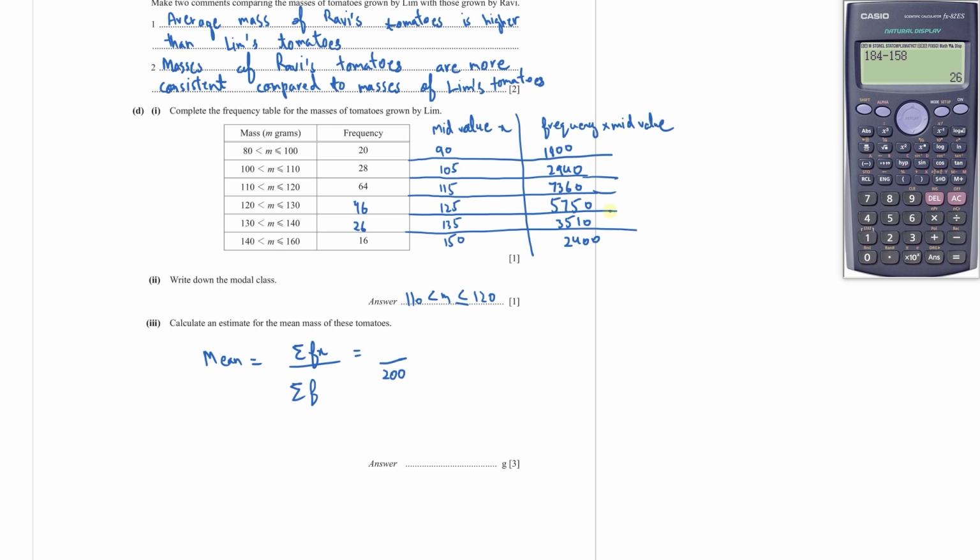If you add all of these together, 1800 plus 2940, 7360, 5750, 3510, and 2400, this is 23,760. And then this divided by 200 will give you the mean. So this is 118.8. This will be your estimate for the mean mass of these tomatoes.